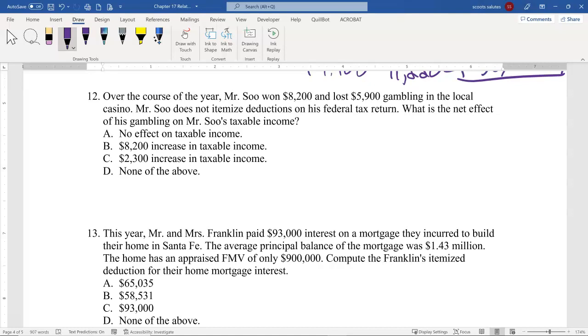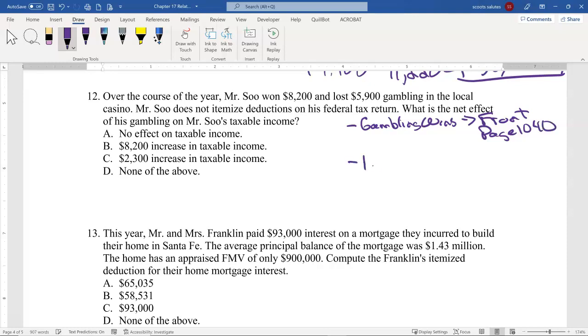So let's start before we even look at it, in general. So in general, your gambling wins go on the front page of your 1040, right, in your income section.